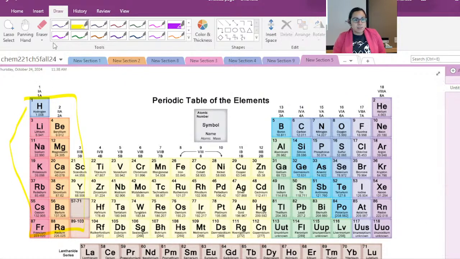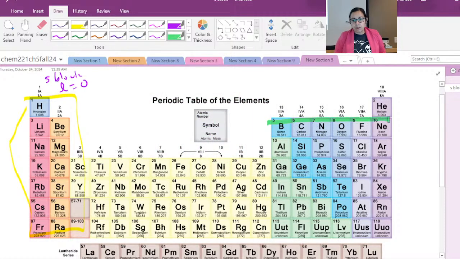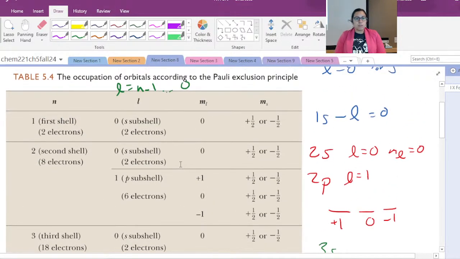So yeah, if that helps you, you can block this out. This is my S block, which is L equals 0. It's just re-emphasizing the same information. L can only go up to 3 then, if it corresponds to the blocks? Well, theoretically, it just goes by the mathematical equation, where the allowed values go up to n minus 1.